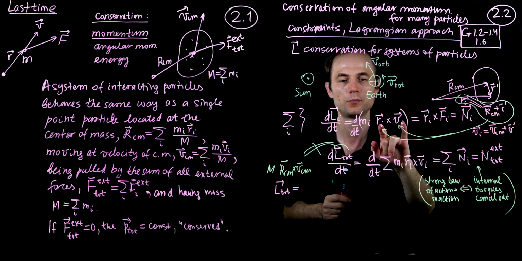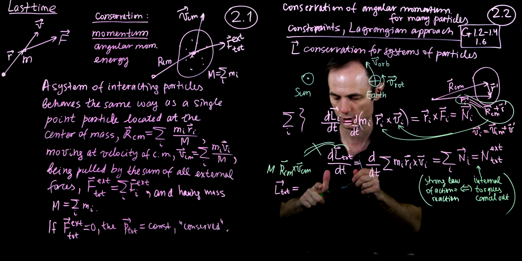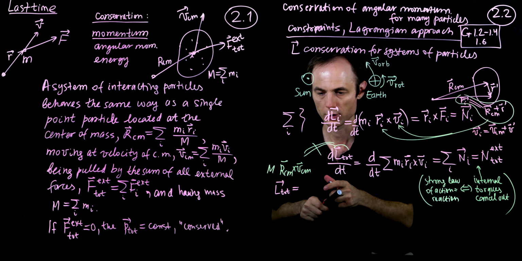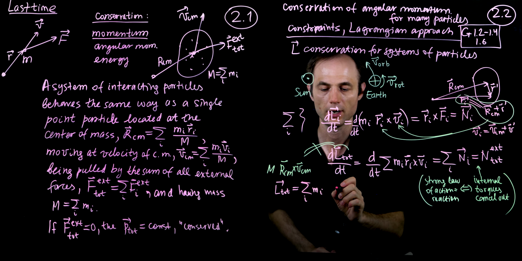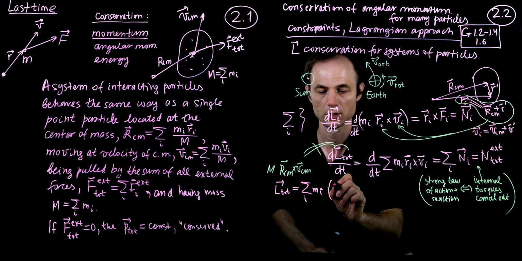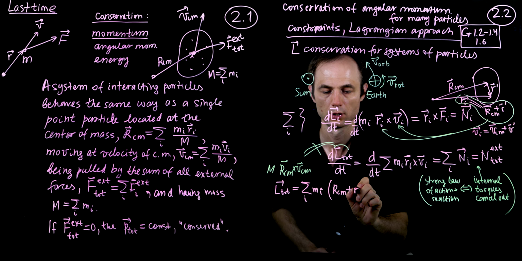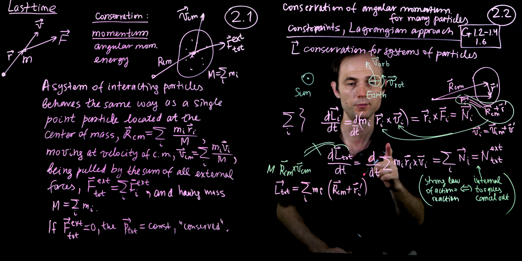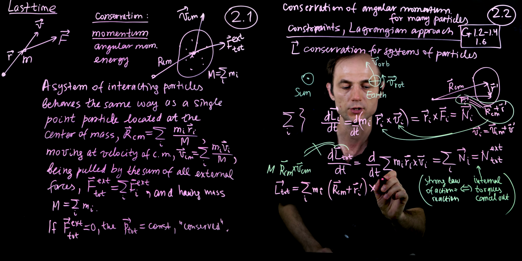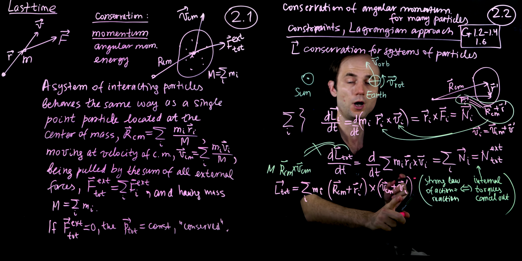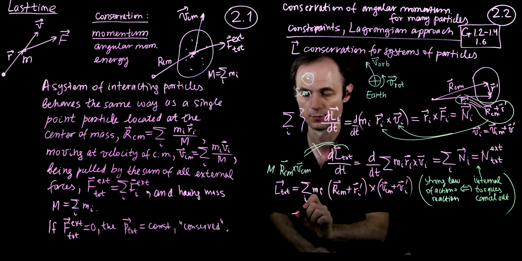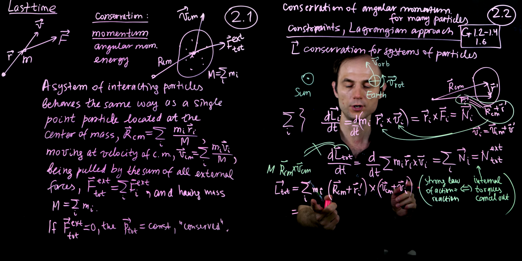So if we plug both of these into this expression, we are going to get the sum over i of Mi times RCM plus R prime, that's for the radius, crossed into VCM plus Vi prime for the velocity. And then we can continue over here.